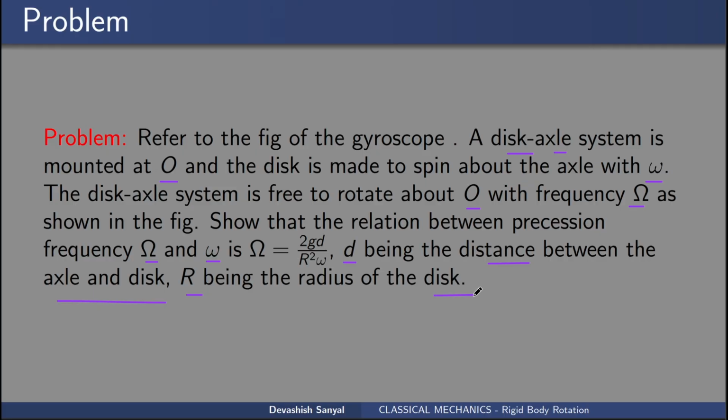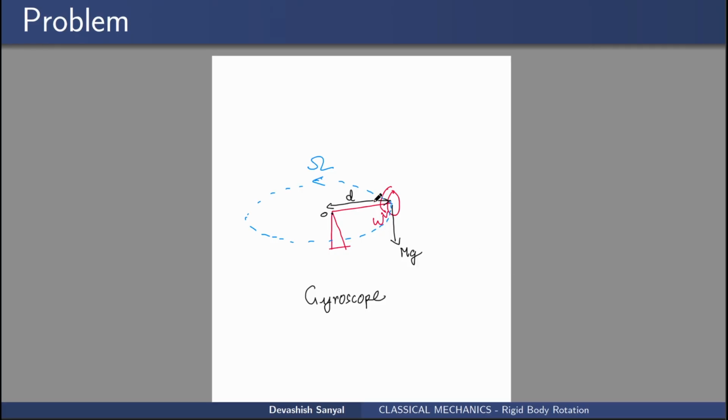So this is the figure. This is the disc which is rotating. It is mounted at O with the help of an axle. The disc is rotating about the axle with a frequency omega, and if it is free to rotate, it will rotate with an angular frequency capital omega.